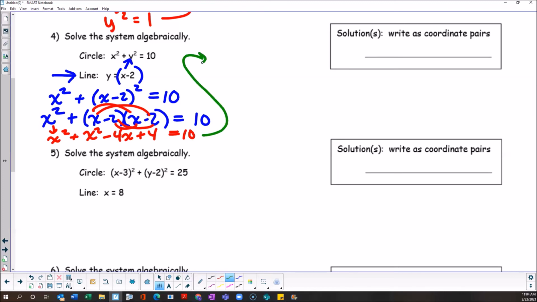Run out of space. And so I'm going to consolidate these guys. So I get 2x squared minus 4x. I'm going to subtract the 10 from the 4, right? And set it all equal to 0. How am I going to solve for x?